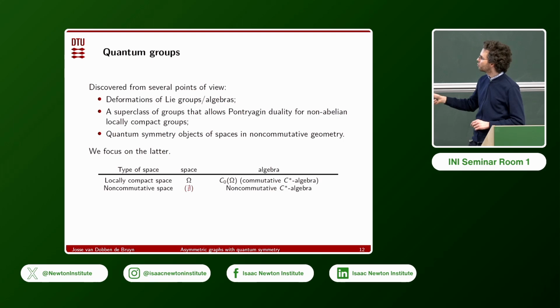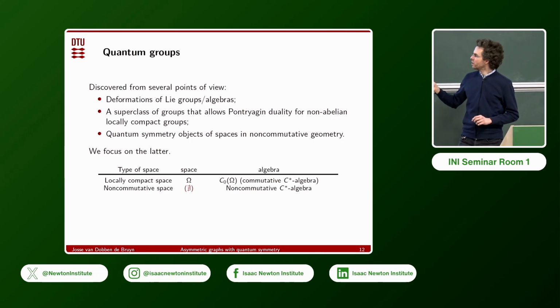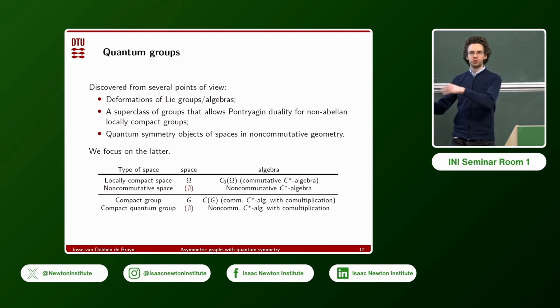And then you define a non-commutative space to be just any non-commutative C-star algebra. But then actually the space doesn't exist, so it's sort of a formal dual object of this C-star algebra. And then you can define various notions of structure on top of that.